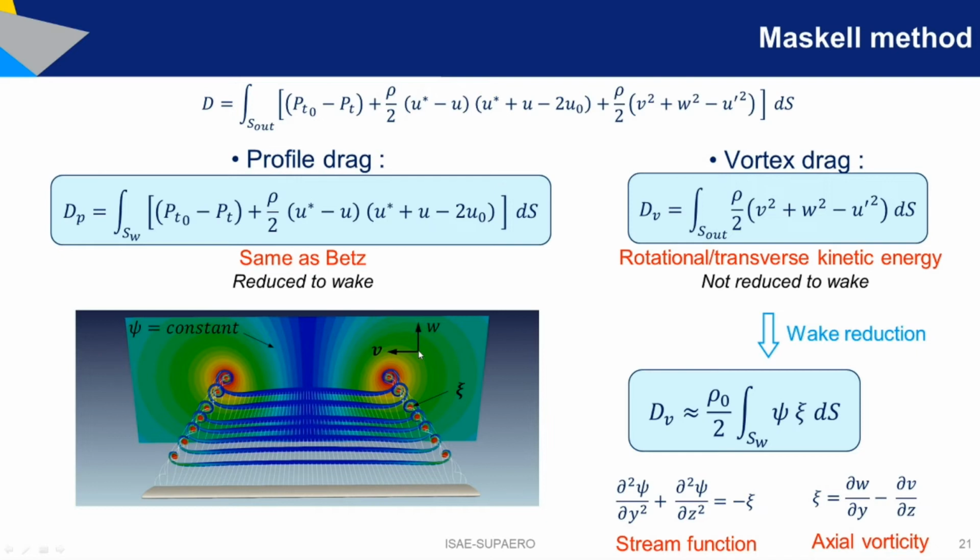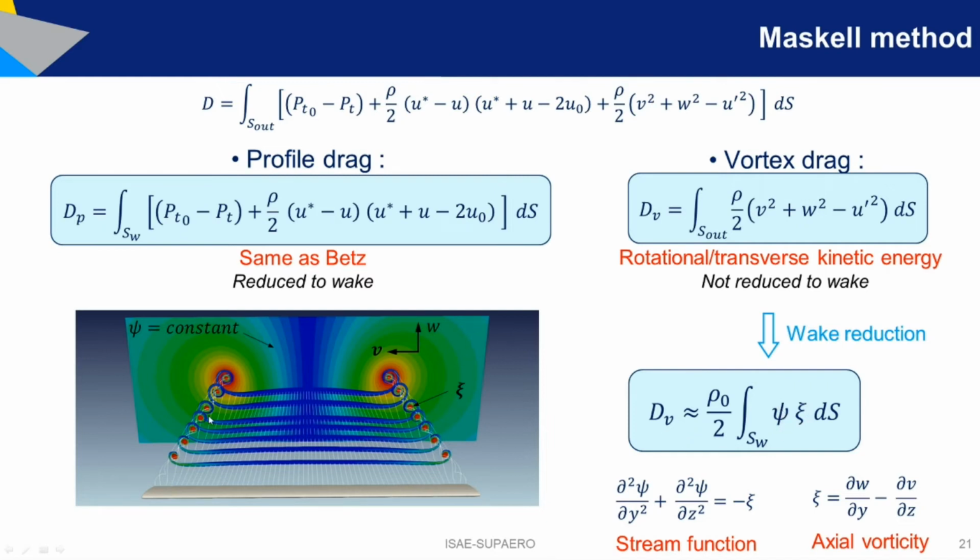At a given point, I have the transverse velocity components. What these terms require is to integrate this transverse kinetic energy at each point all along the survey plane. So basically, it's the amount of energy you spend to make the flow rotate by the vortices. And the alternative expression says that an alternative way to compute this rotational kinetic energy is to integrate vorticity in the wake by using this Poisson equation.